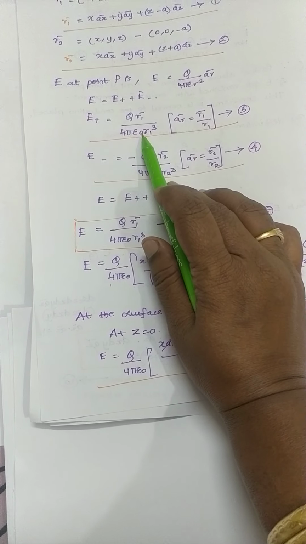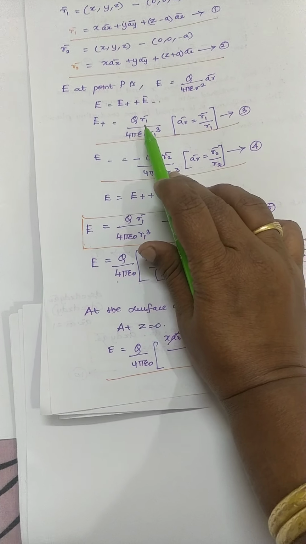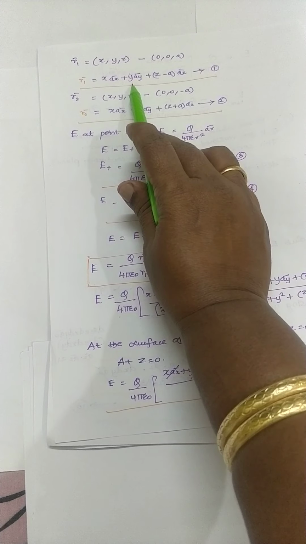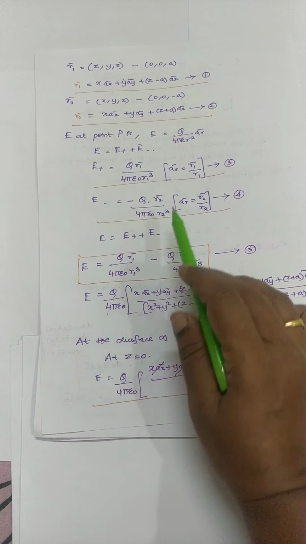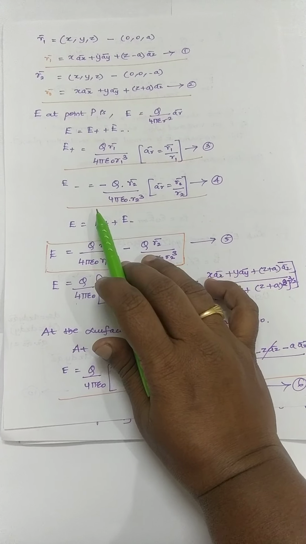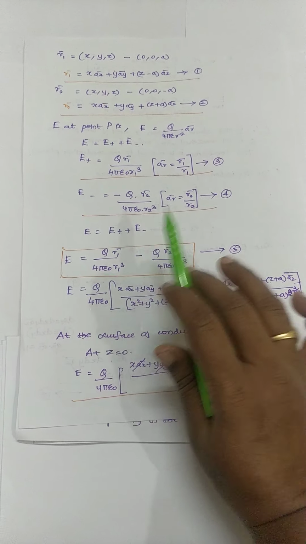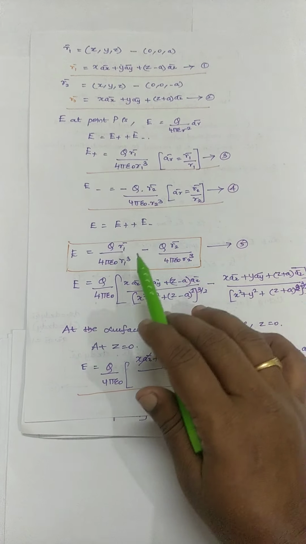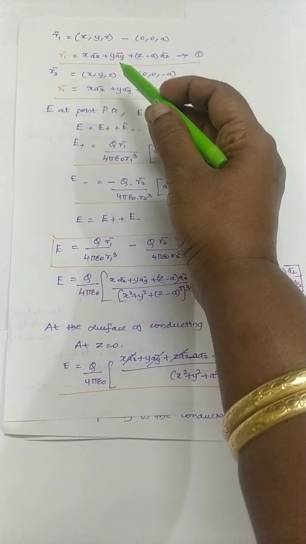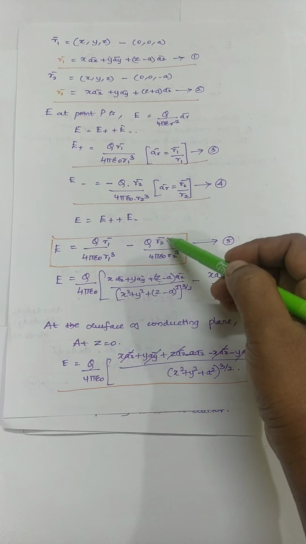Q by 4 pi epsilon R square, with aR1 vector replaced by R1 vector divided by R1 value. Same way for E minus. E is the sum of E plus and E minus. I am substituting both equations, naming it 5, after which I substitute the values of R1 and R2.